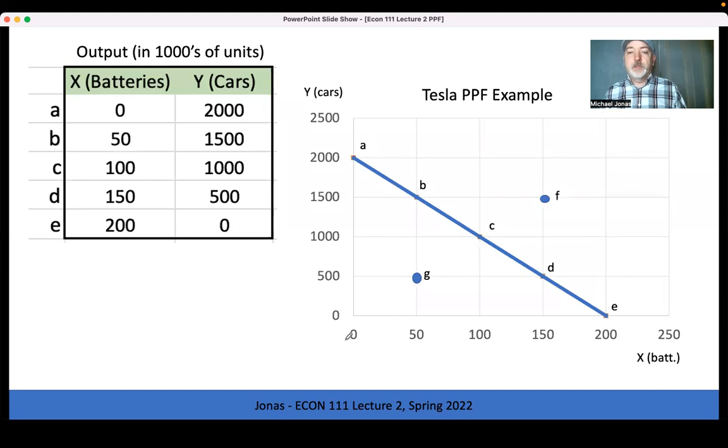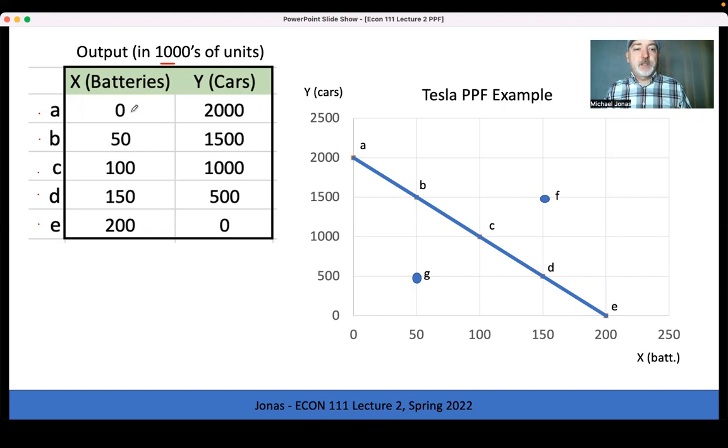And let's further imagine that their combinations of feasible output look something like this. So just to make it somewhat realistic, these are in thousands, but we'll just refer to it in the units in the table. And each of these combinations, A, B, C, D, and E, again, represent full utilization of resources.